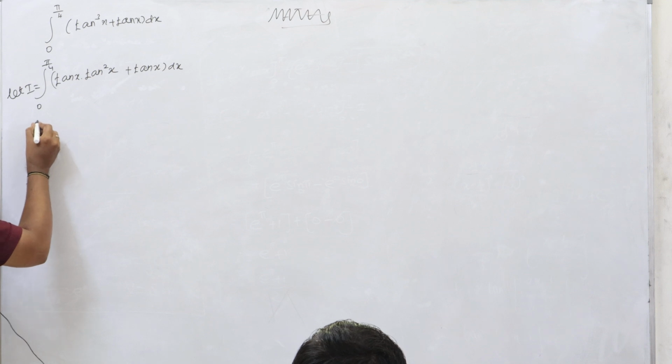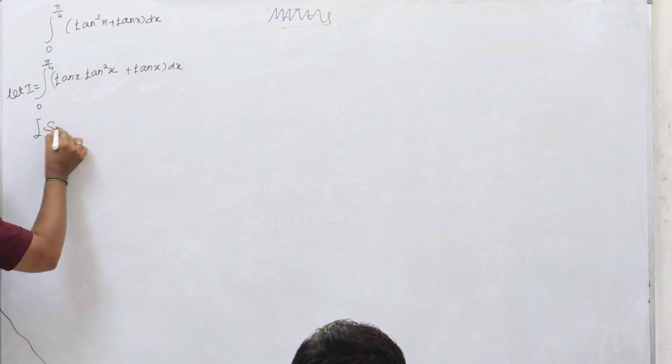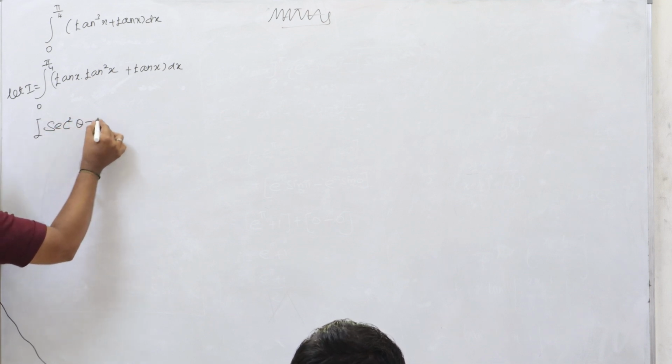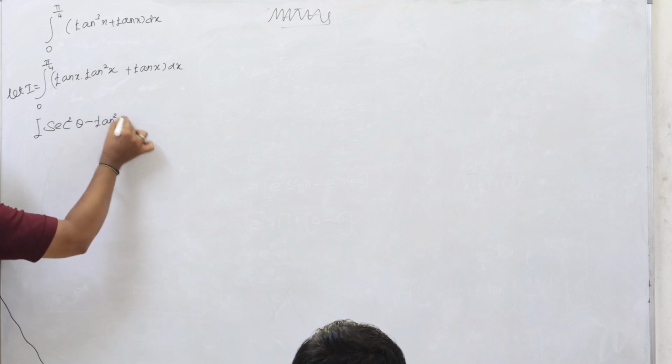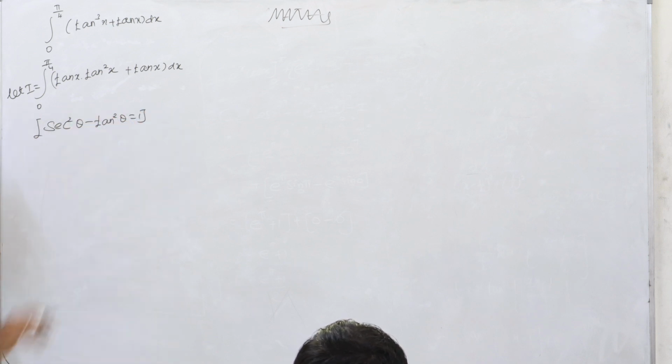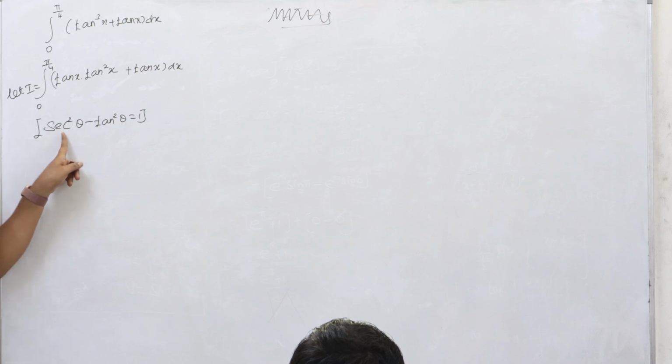Next, one of the trigonometric formulas: secant square theta minus tan square theta equals 1. The very first formula is sin square theta plus cos square theta equal to 1. The second formula is secant square theta minus tan square theta equal to 1.